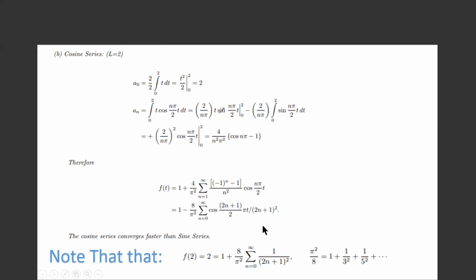So when I substitute x equal to 2, I cancel this 2 with this 2. Now I have this summation. I move this 2 to the other side, so I will have 1 equal to this value.